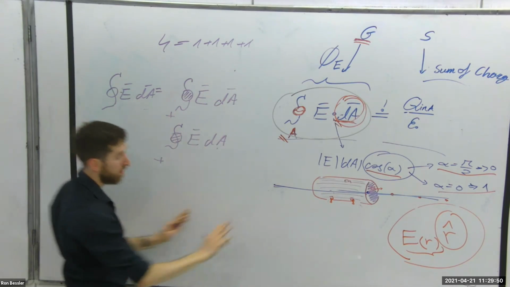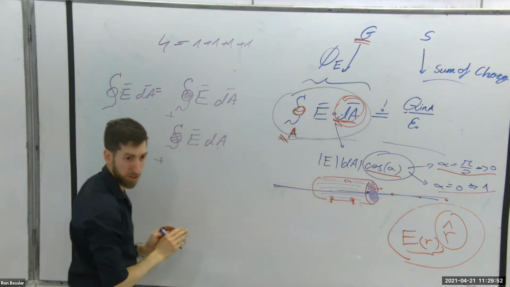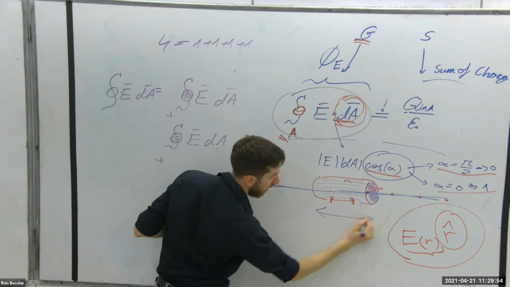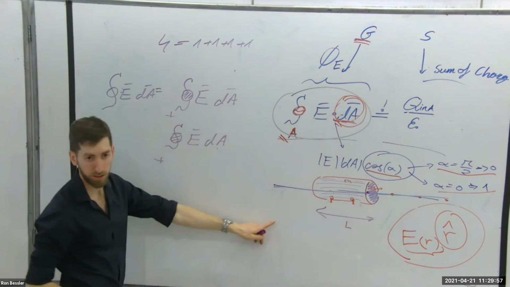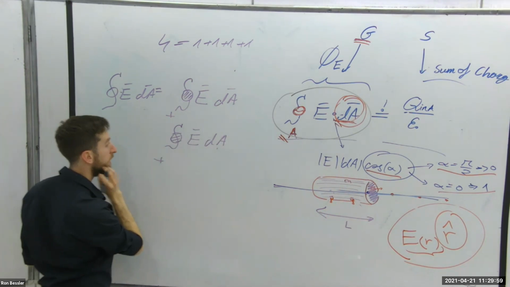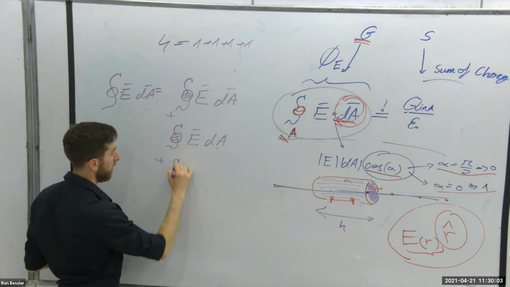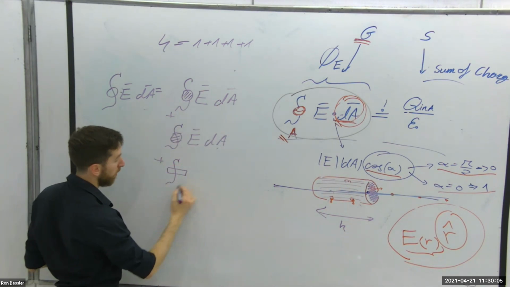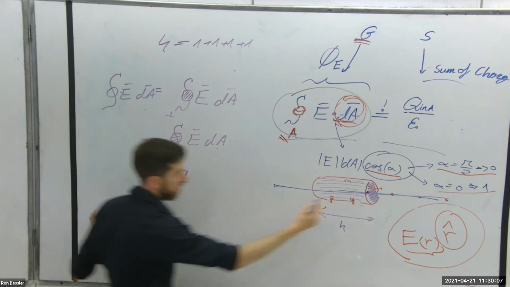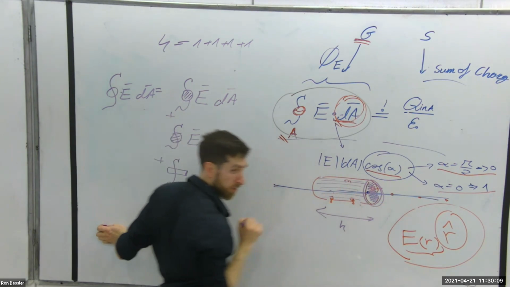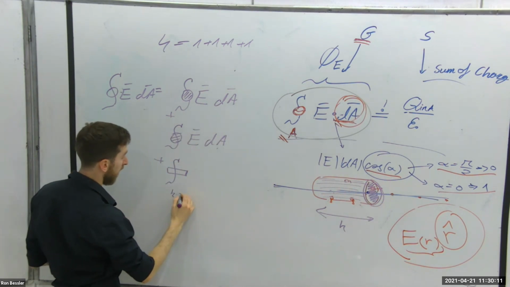And we also have this thing, right? If this one is of length L, let's not do L, H, height. So this one is H, and what is this? Is this the circumference, 2 pi r, right? H times 2 pi r.